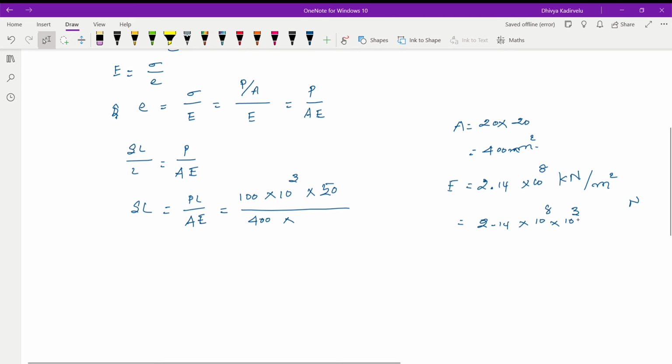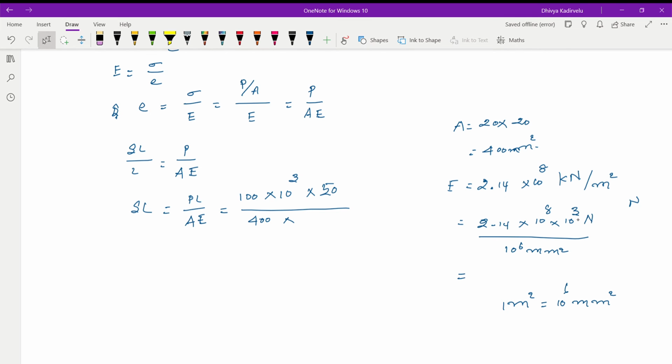Newton here. In the denominator I have meter square, right? So 1 meter square is equal to 10 power 6 millimeter square. So I am writing 10 power 6 millimeter square here, right?